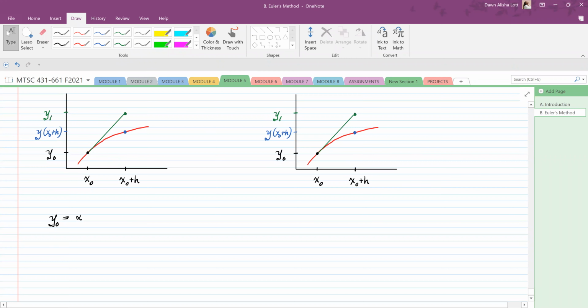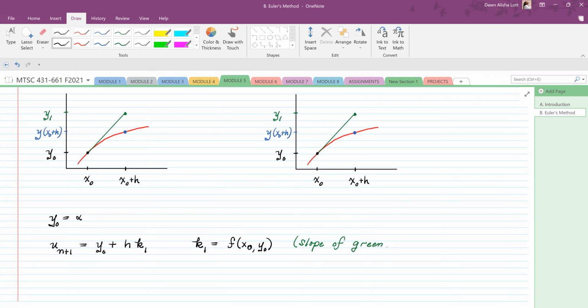Then we're going to get a first estimate, which I'll call u n plus 1. u n plus 1 is going to be y naught plus h times k1, where k1 is equal to f of x naught, y naught. So k1 is the slope of the green line.